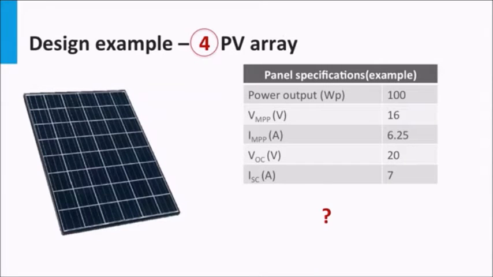Let's look at the electrical specification of an available PV module. It's a 100 watt-peak rated module with the given voltage and current parameters. Now, we need to find out how many of such modules are required to power the loads.